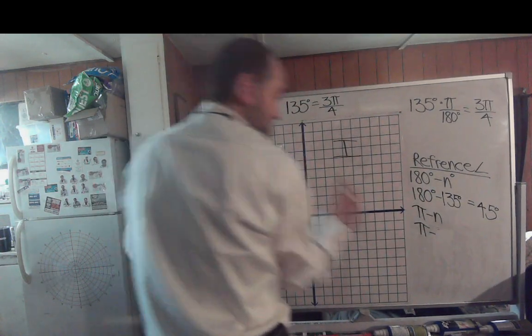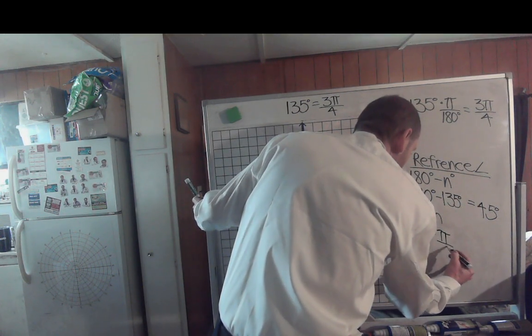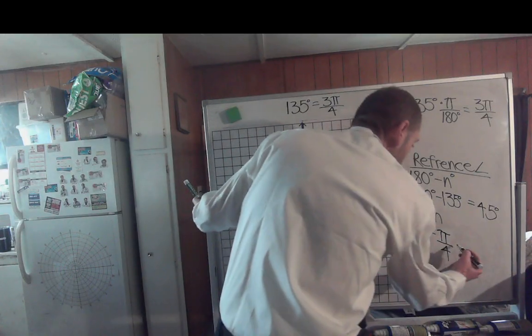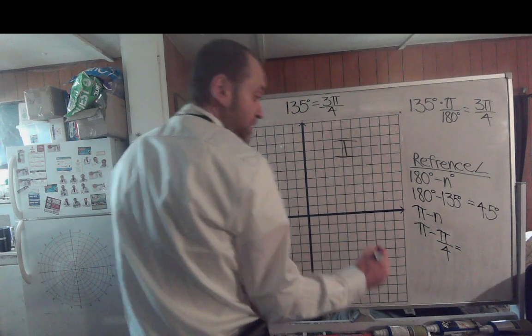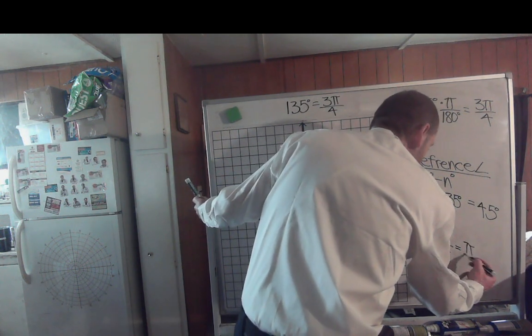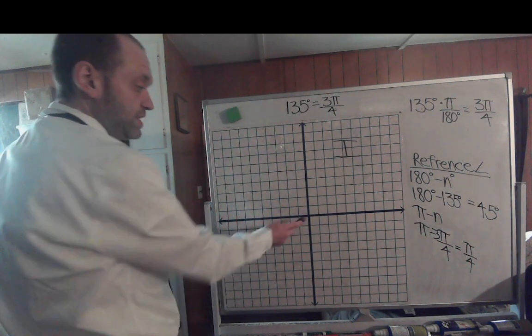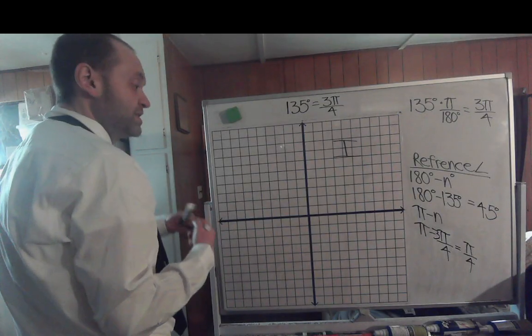Or if you want to do this in radians, you would take pi minus 3 pi over 4, which would give you a reference angle of pi over 4. So you would treat this like a pi over 4 angle in the second quadrant.